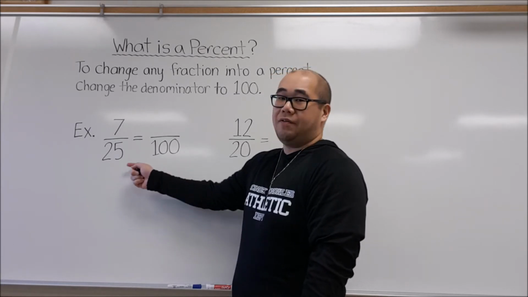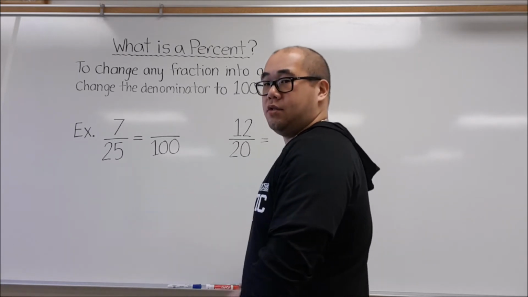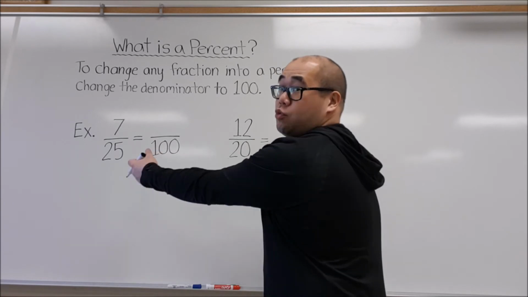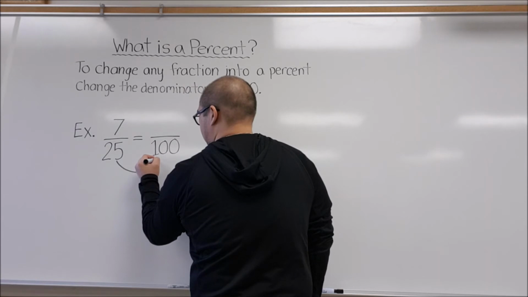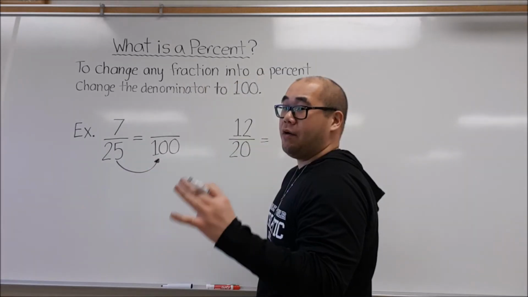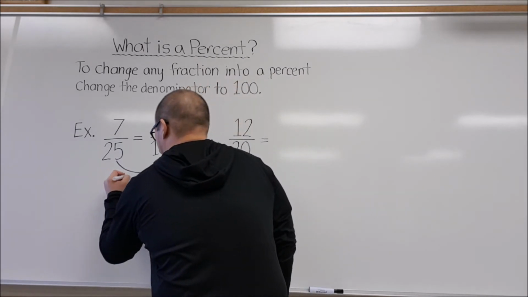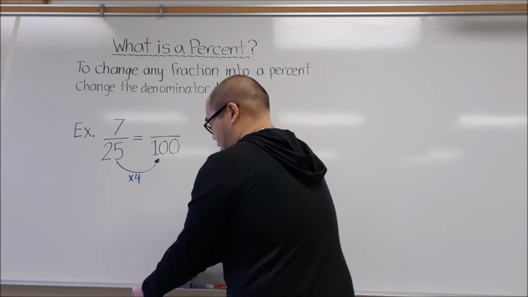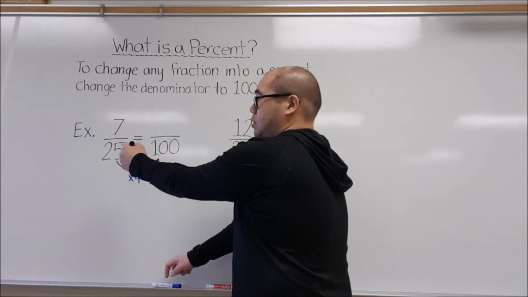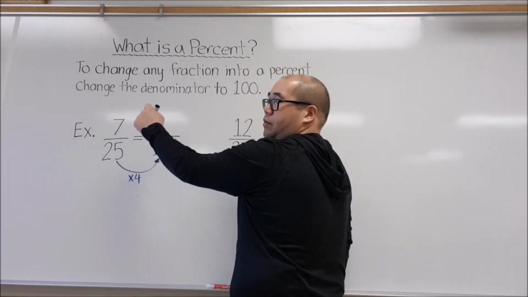So from 25 to 100, what do I need to do to get from 25 to 100? We need to multiply. To get from 25 to 100, we need to multiply by 4. And we know with equivalent fractions, what we do on the bottom, the denominator, we have to do on the top, the numerator.